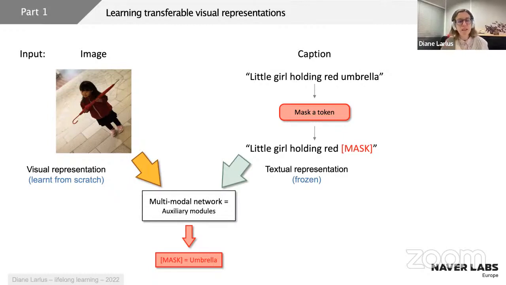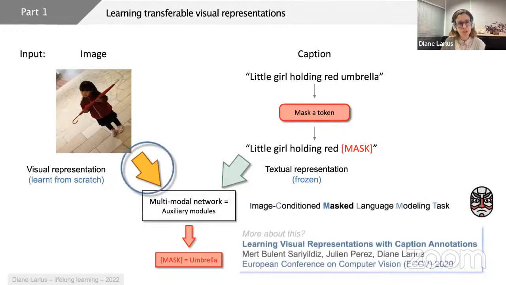And simply by training a model and representation to solve this pretext task, the visual representation that we obtain is actually very good to represent images and has been trained only on a small set, let's say 10 times smaller than self-supervised learning approaches, but with captions.